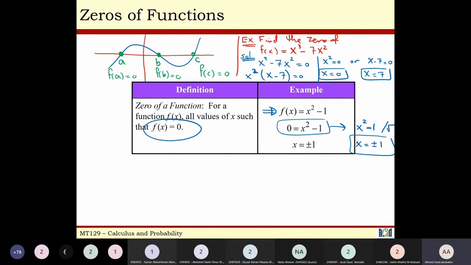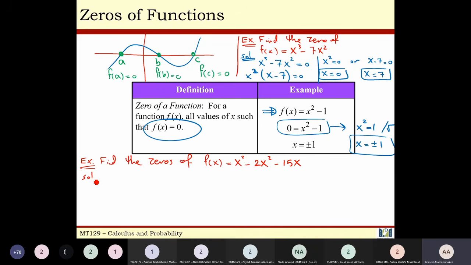Okay, now another example. Find the zeros of f of x equal x to the power 3 minus 2x squared minus 15x.